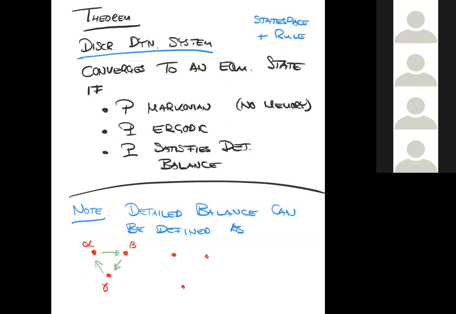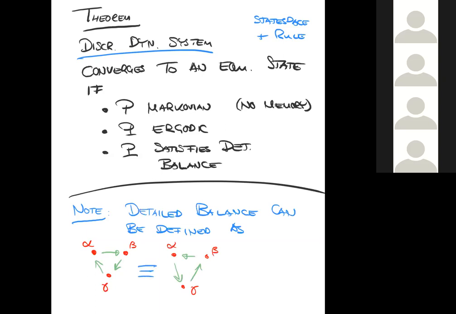Okay. So again, you have alpha, beta, and gamma. You can go the other way around, which means you could go from alpha to gamma, then from gamma to beta, and then from beta to alpha. And the statement of detailed balance can simply be defined as the statement that these two are the same.